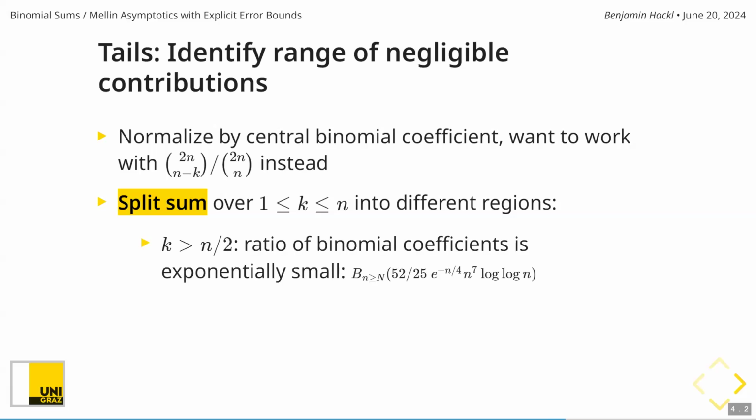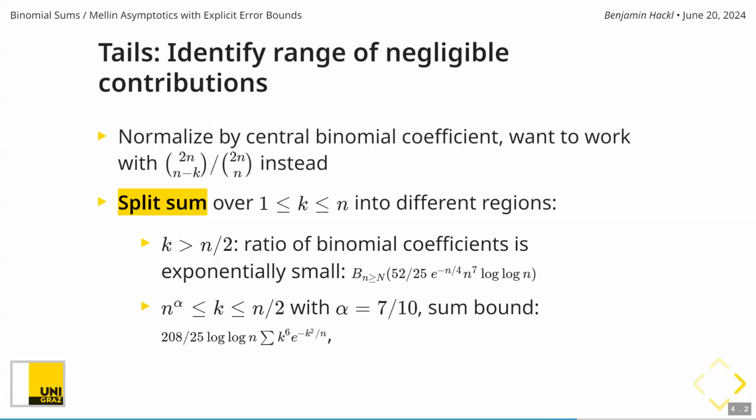One region where everything is very simple, where we are already past n over 2. In that case, this ratio of binomial coefficients can be expressed by a B term. That would be one that I could do by hand: 52 choose over 25, exponential decay here, linear exponential decay here, and some polynomial times log n. The second part is a little bit more fancy.